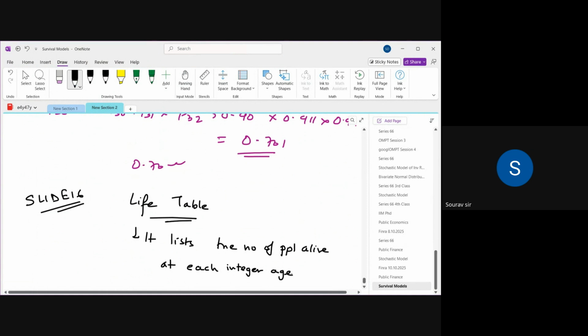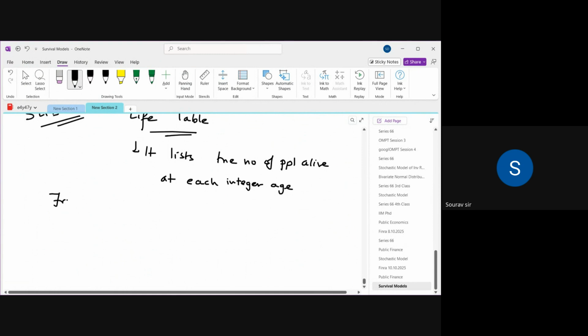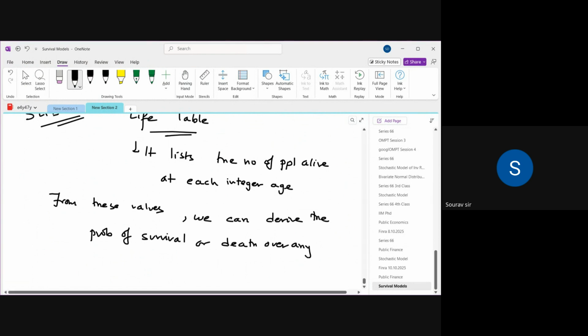Means from these values we can derive the probability of survival or death over any time interval.